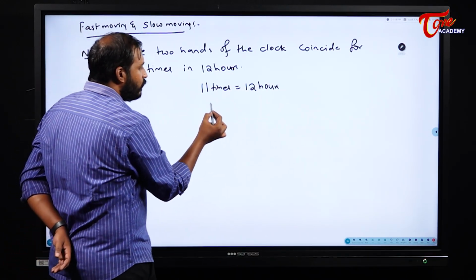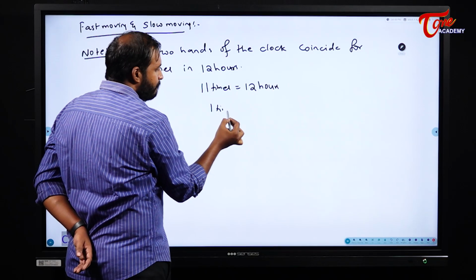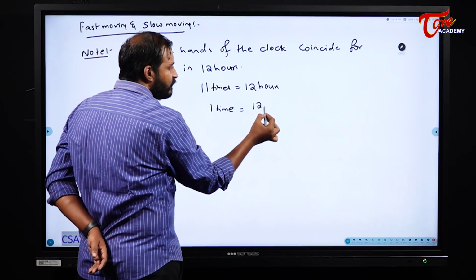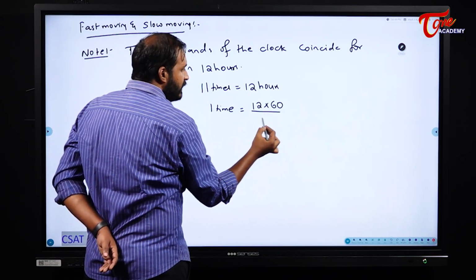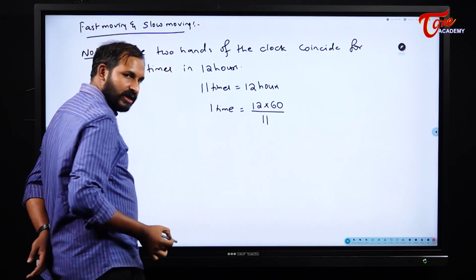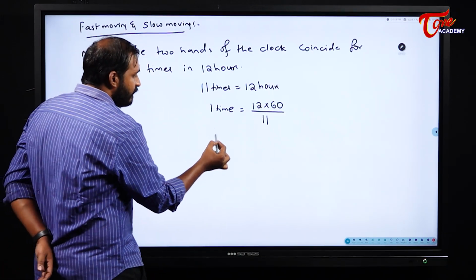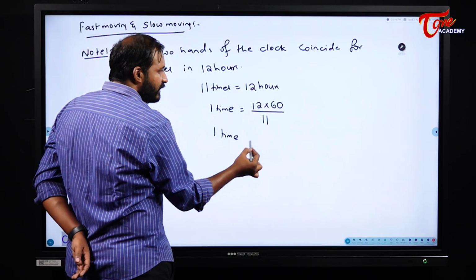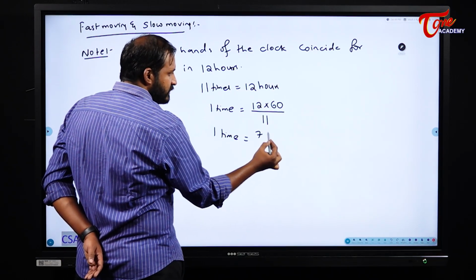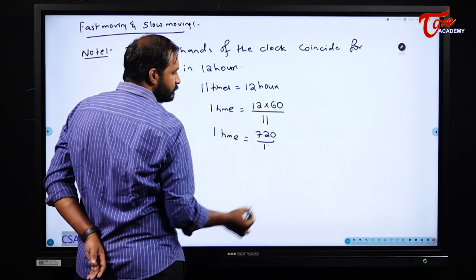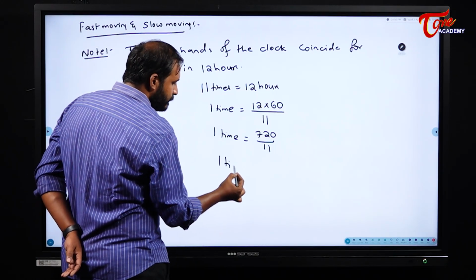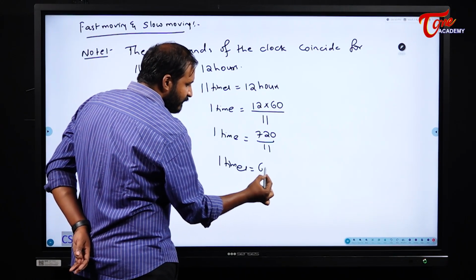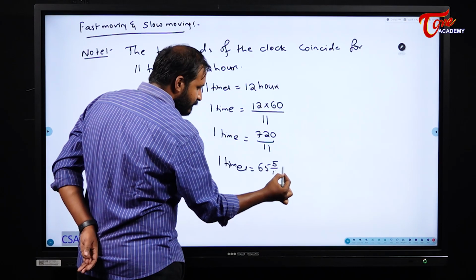So now to coincide one time, I will write it as 12 into 60 minutes by 11. I am sending 11 to the other side. So to coincide one time, it will take what time? 720 by 11. If you solve it, what will you get? 65 5 by 11 minutes.